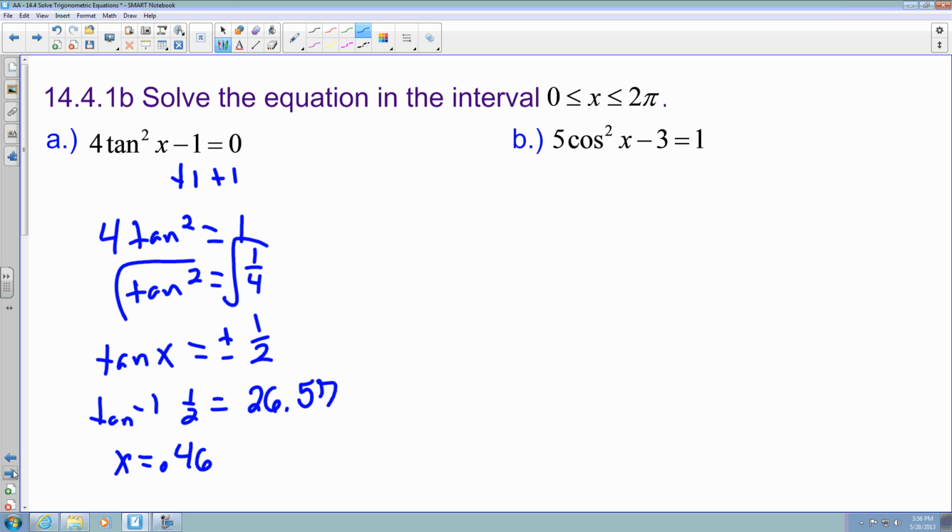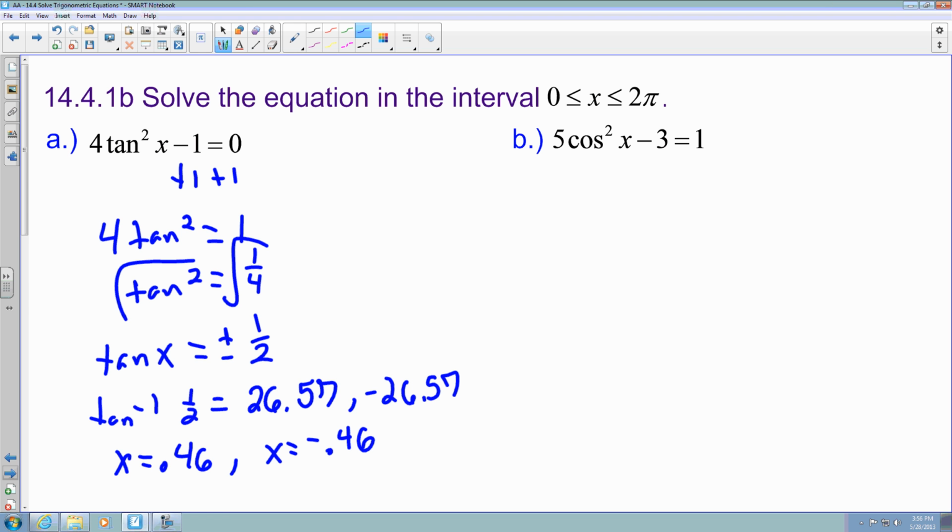So from here, I get to determine which other angles this is going to be, because it's both positive and negative. If I took the inverse tangent of negative 1/2, I'm just going to get a negative 26.57, so that means it's going to be a negative 0.46 radians.